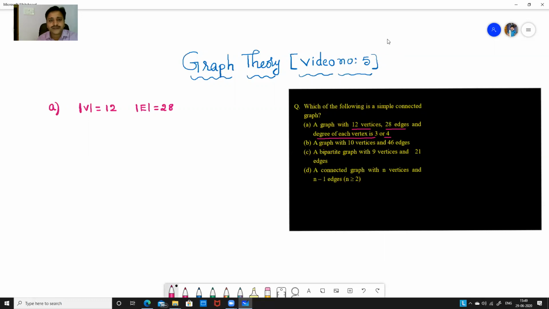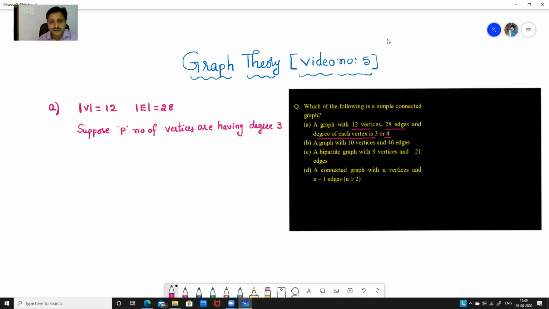In total, we have V vertices, that is 12 vertices. Suppose P vertices are having degree 3.